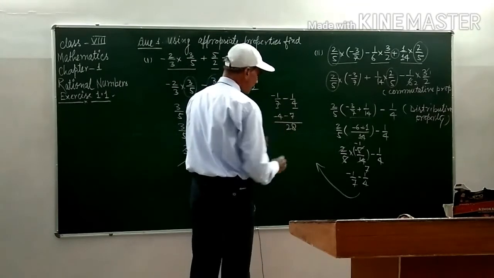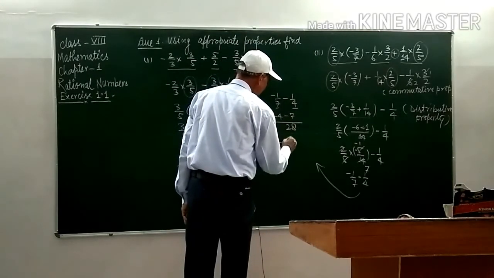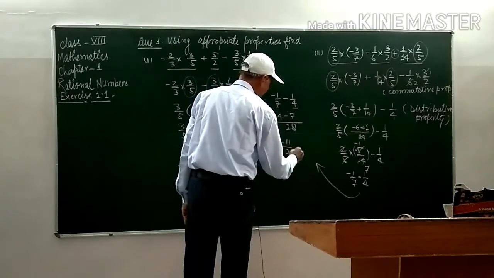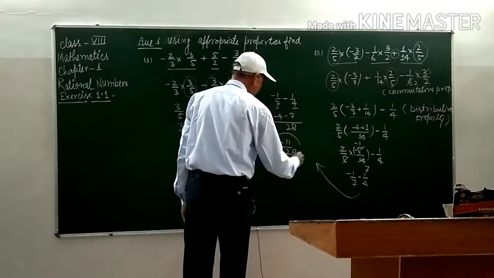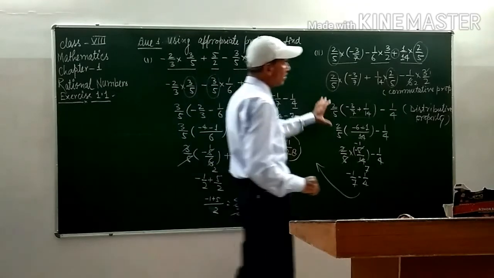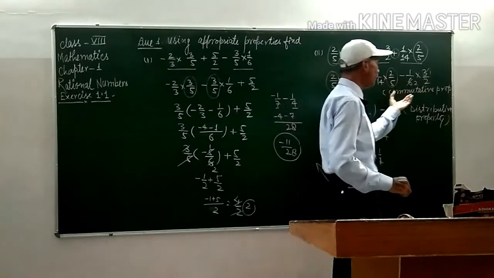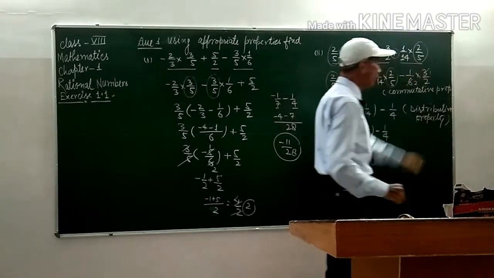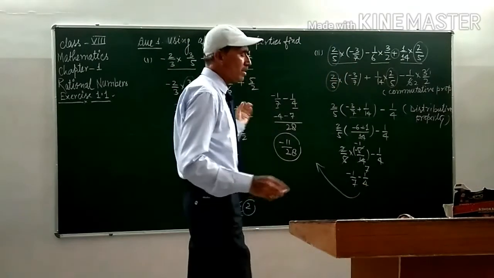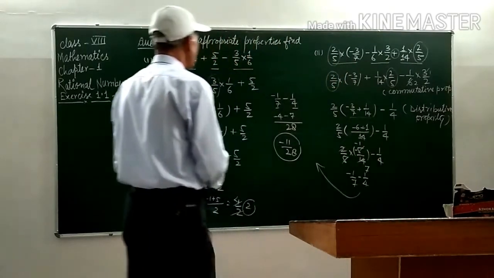Minus 4 and minus 7, that is minus 11 by 28. So this is the answer student, and in this question we have used the properties, that is commutative property and distributive property. Okay students, so we are going to solve question number 2.